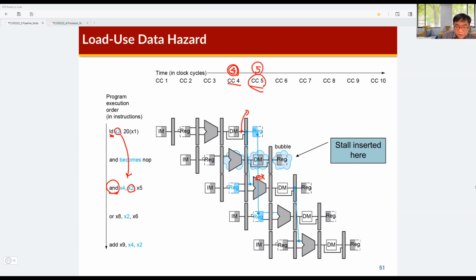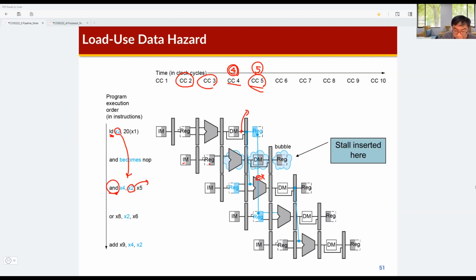The add instruction is fetched at clock cycle number 2 here, and it is decoded at clock cycle number 3. We need to decode the instruction because after the decoding step, we can know the source register number of the corresponding instruction.